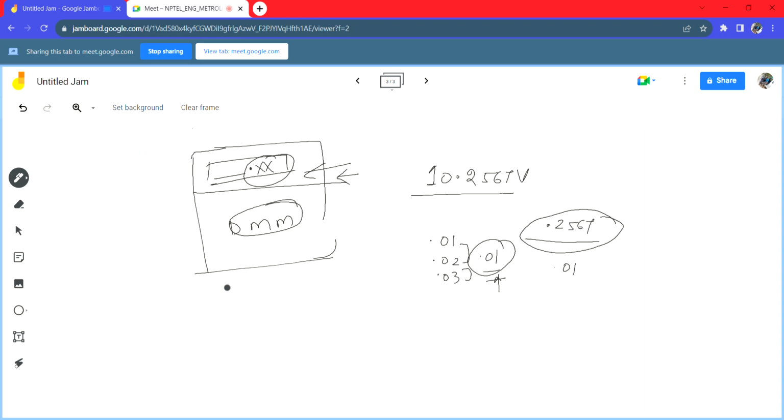So there are two things. There is a limitation of the digital display keys here, and also the resolution is a minimum of 0.01, as we have taken here for the example. So it will automatically approximate this value and it will show it as 10.26.